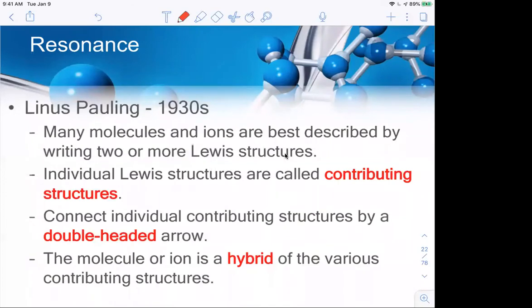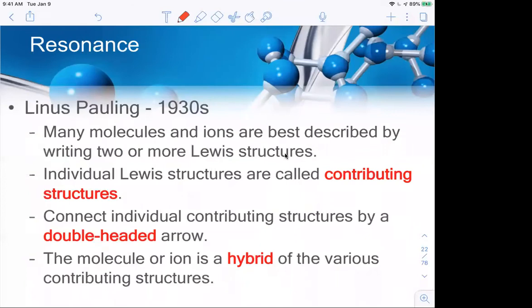There could be 2 or 3 or more. And anytime I have 2 or more Lewis dot structures that are describing the same molecule or ion, and they're valid, and they follow all the rules, those would be called individual resonance structures. Those individual resonance structures are called contributing structures because the molecule in nature is going to look somewhere in between all of those structures.